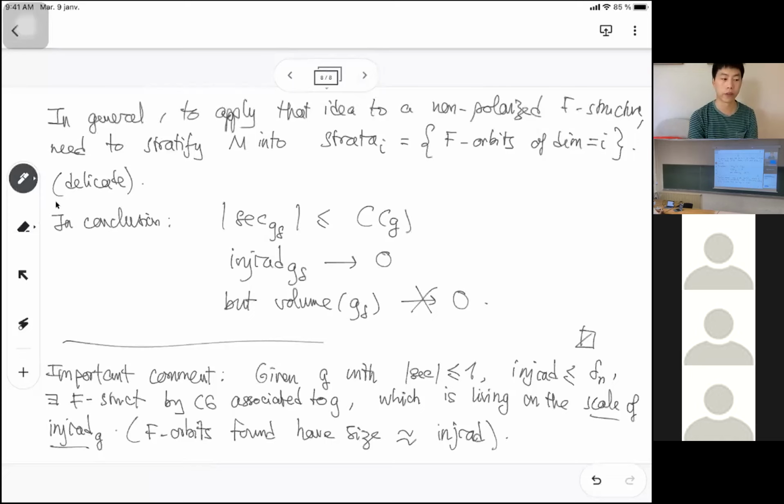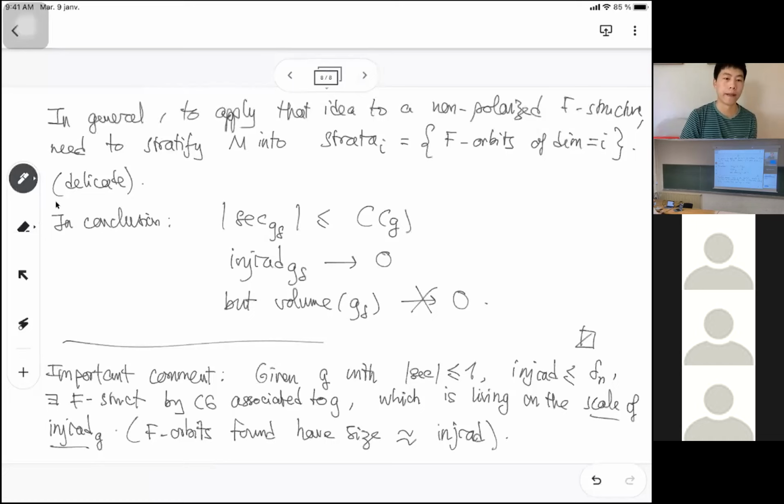We'll have a complete understanding of the differential structure of collapsed manifolds at scale 1. Right now, we only know what's happening at the scale of the injectivity radius.